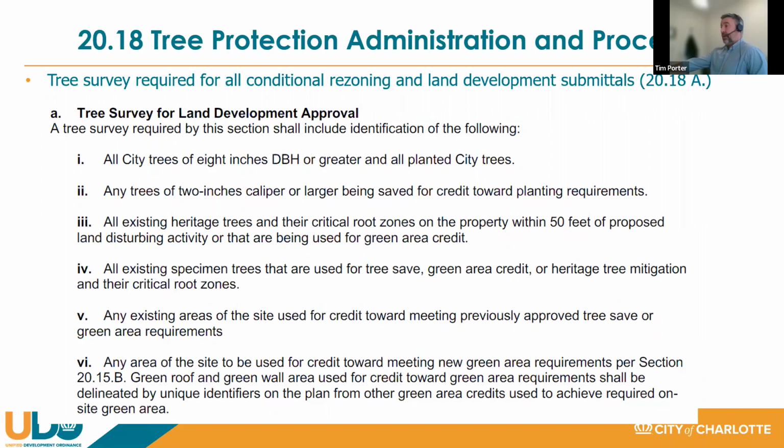I think it's a little bit more clear now, and the existing requirement in the tree ordinance is a little bit confusing. One thing I wanted to note here at the bottom for A6 is any area of the site, including green roof or green wall that will be provided to meet green area requirements, needs to be delineated and provided on the survey, in the plan submittal.